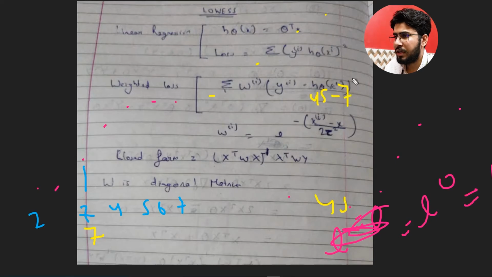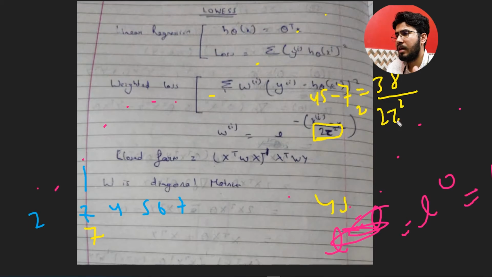So this is going to be 38, and you have to square this, so 38 squared, and then divide this value by 2 tau squared. Tau is a value that makes your program sensitive, like how much the value is going to decrease with the distance. So let's take tau as 5 for now.